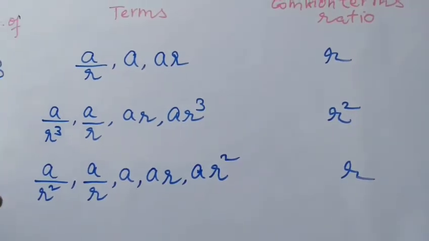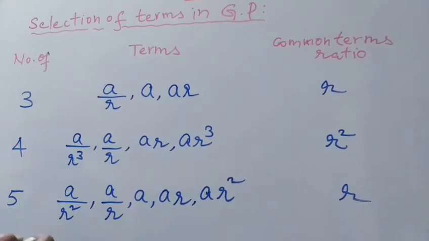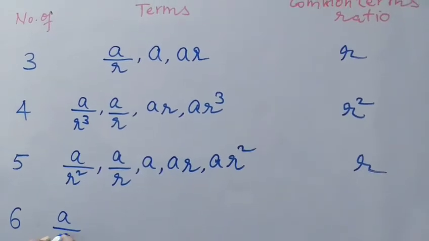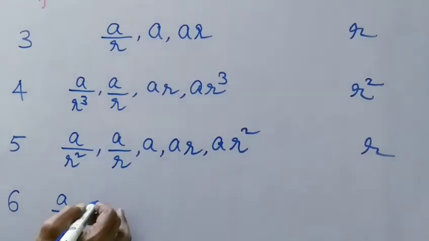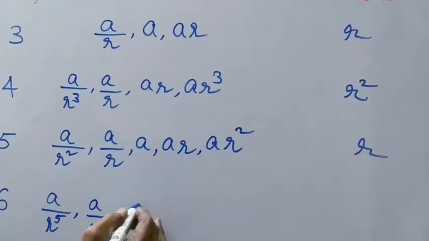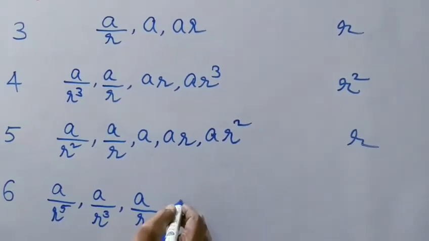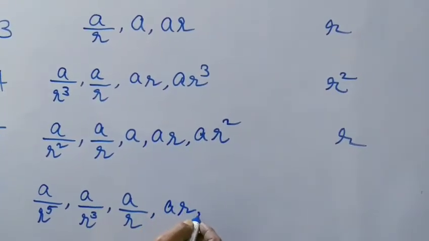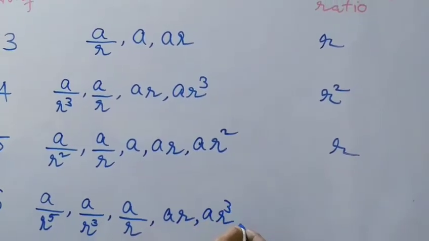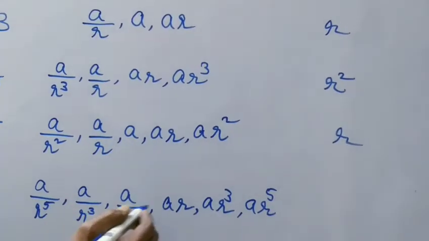Now number of terms 6. The 6 terms are a by r to the power of 5, a by r cube, a by r, a into r, a into r cube, a into r to the power of 5. 1, 2, 3, 4, 5, 6.